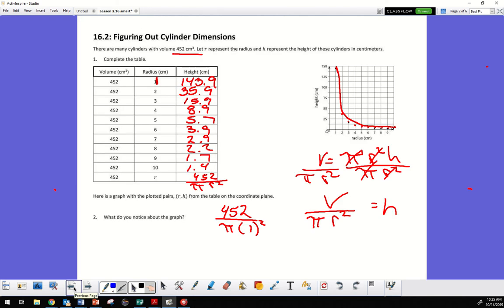So I know on this one, I had this information. So I have 452 pi r over r squared, right? There's my h value.